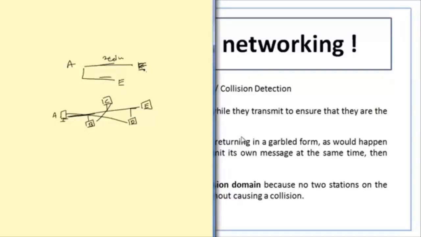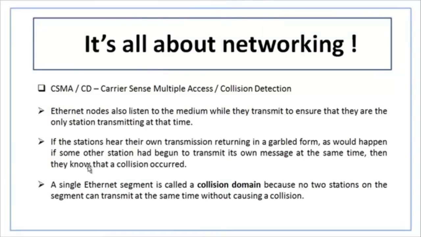This is a collision domain and this is a collision domain. But in this case, if you see, there is only a single segment. So everybody who's using the wire, this is the place where they will collide. So that is why it is called a single collision domain. And in the same place, let's say if A had another way here, this would be the second collision domain between A and E.